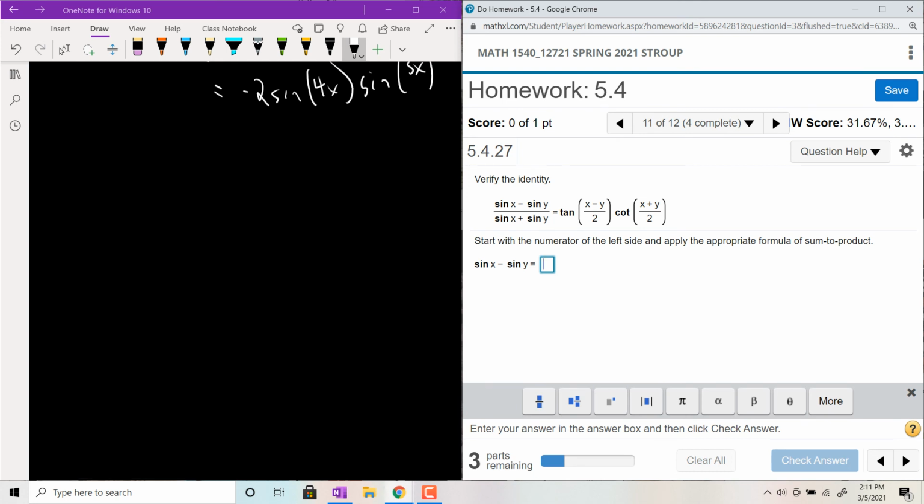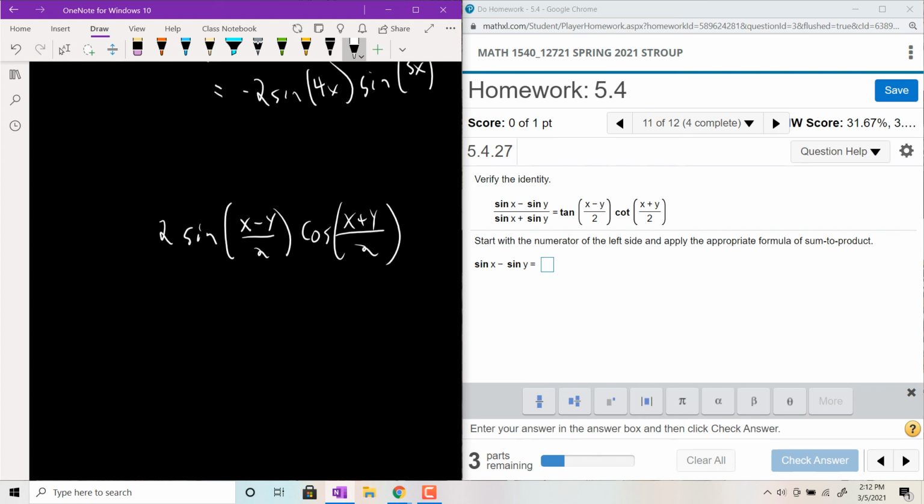So that numerator, sine x minus sine y, will become 2 sine of (x minus y) over 2, times cosine of (x plus y) over 2.